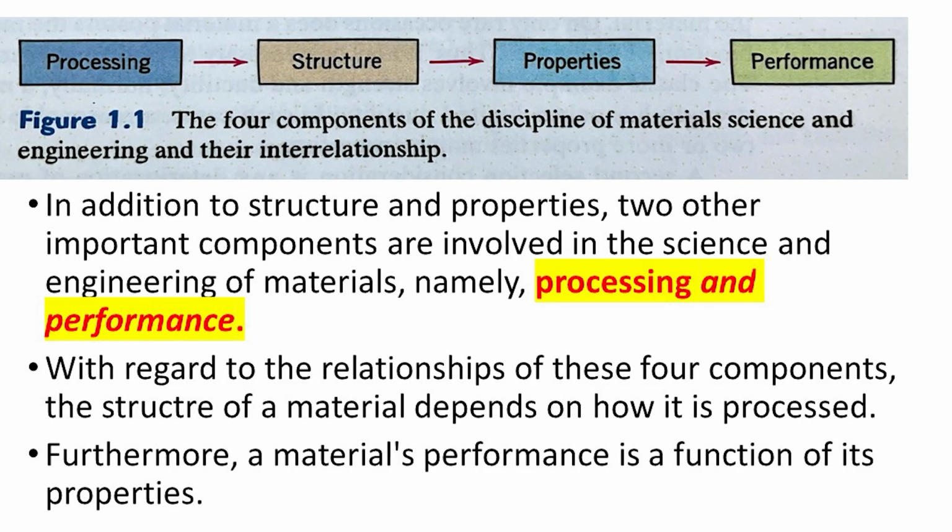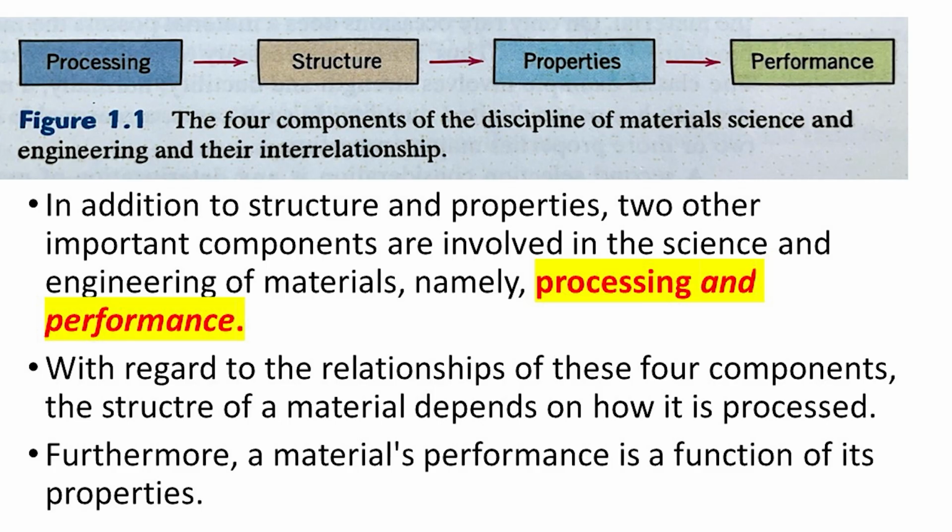So figure 1.1, this is the first figure of this textbook. The four components of the description of the materials of science and engineering and their interrelationship. Processing, structure, properties, performance.